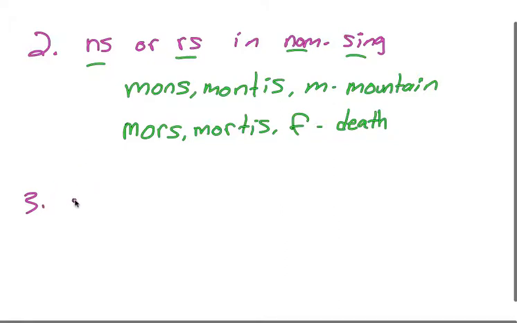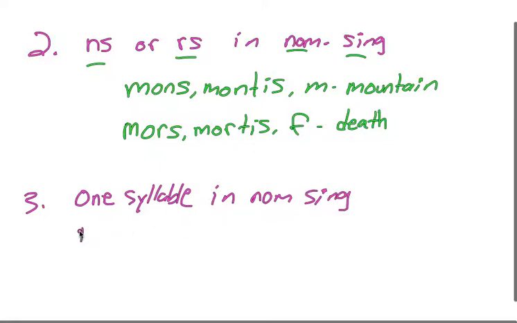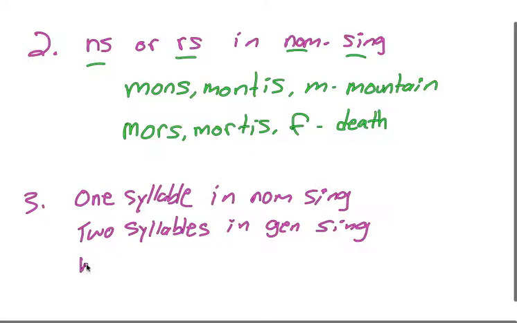And that is if the noun has one syllable in the nominative singular, and then two syllables in the genitive singular, and then the base ends in two consonants.